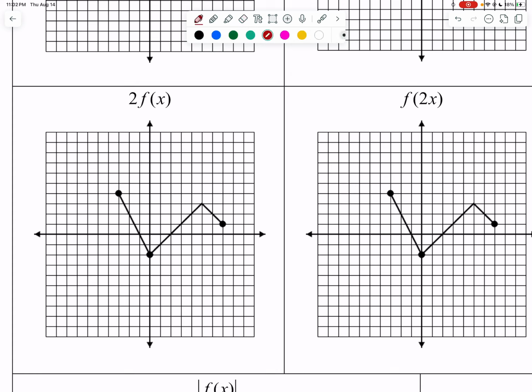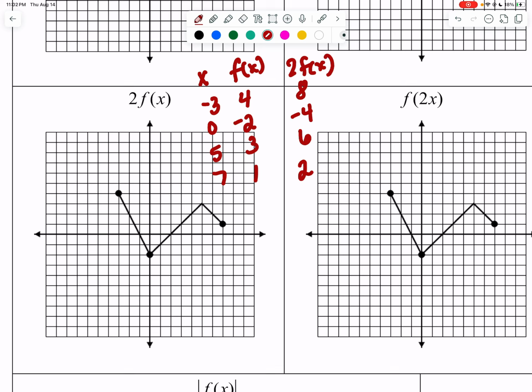So this is (-3, 4), (0, -2), (5, 3), and then (7, 1). Now, this is x, this is f of x. So if I want 2 times f of x, this is just saying 2 times whatever my output value is. So 8, -4, 6, 2.